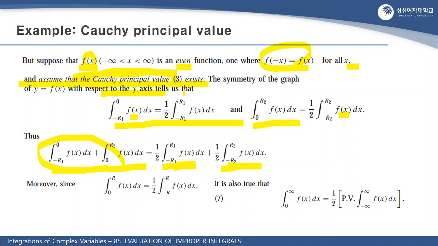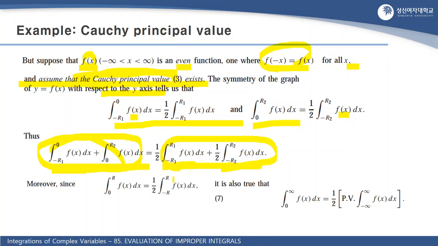the left hand side, or improper integral, must also exist because the left and right are equal to each other.